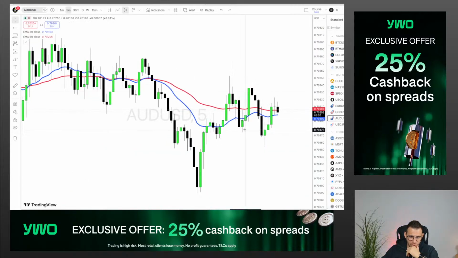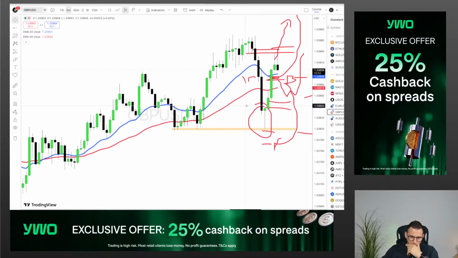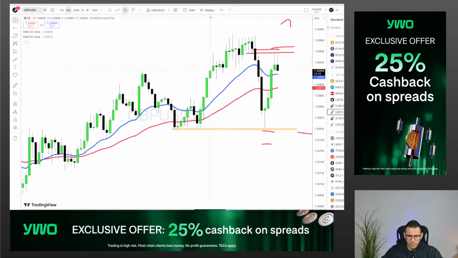Australian dollar sideways. Let's see if the sterling will start the meltdown from here, or if we're going to push to the upside.